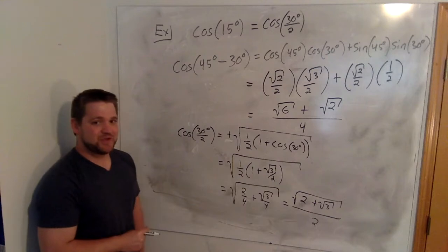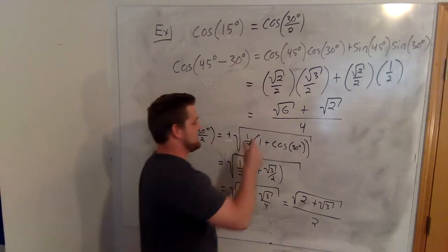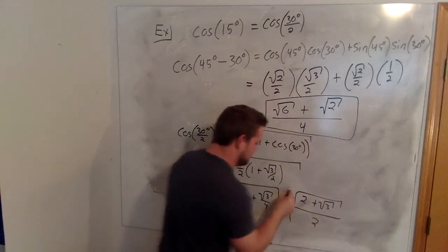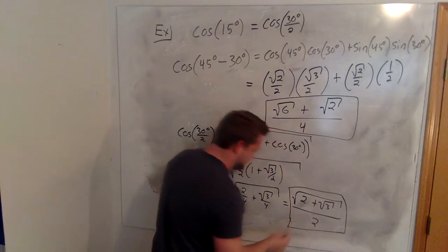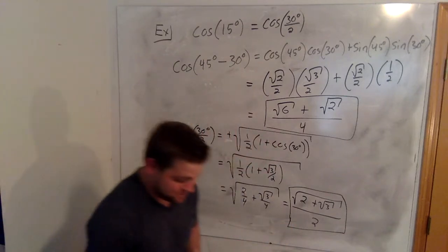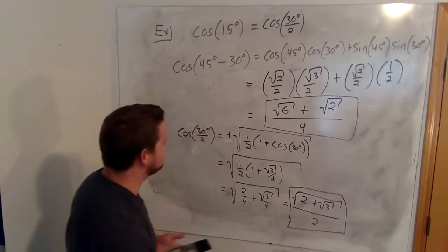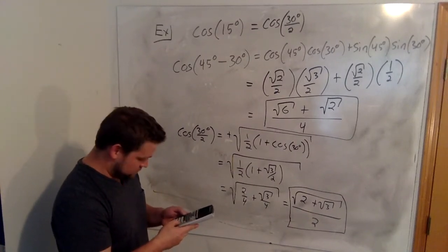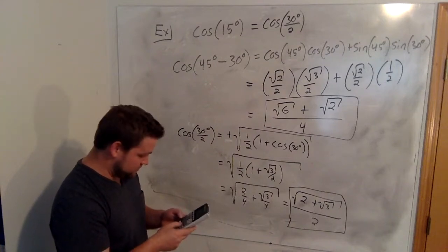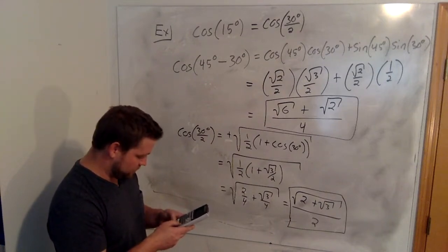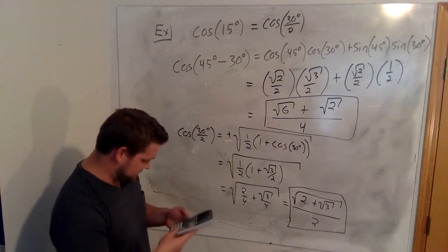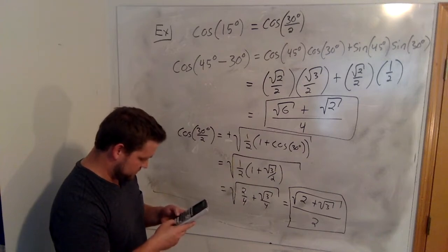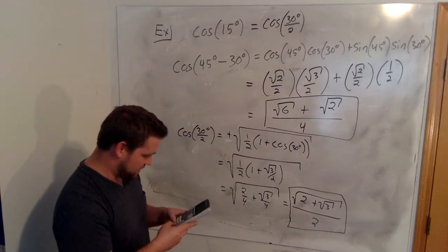So you might be looking at these and saying, are these equivalent? They sure look funky. Let's use our calculators to check. Are these the same? The square root of 6 plus the square root of 2, all divided by 4, or we have the square root of 2 plus the square root of 3, all divided by 2.